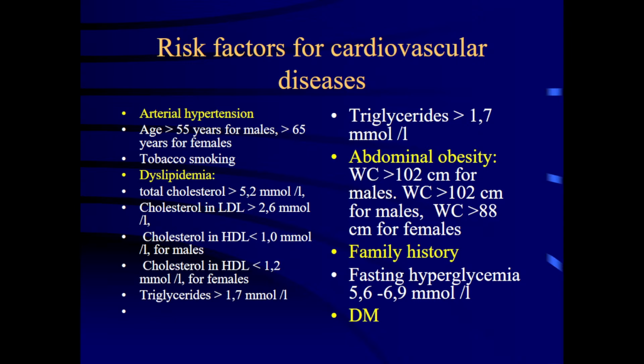Such criteria are used prevalently in the American medical literature. If the waist circumference is more than 102 centimeters for males, it's a sign of abdominal obesity. For females, if it's more than 82 centimeters.